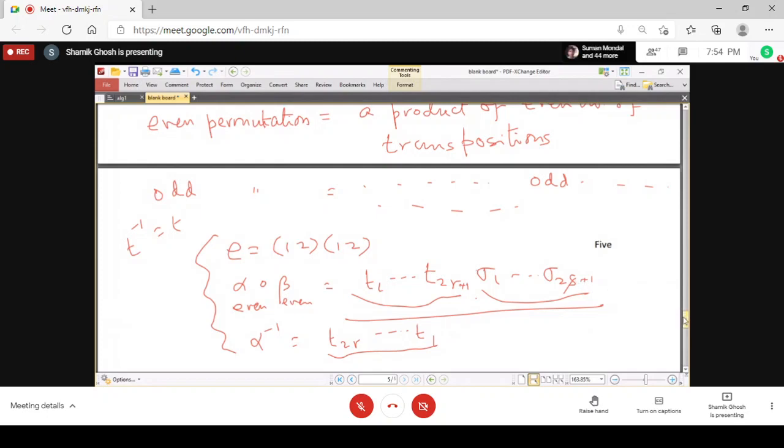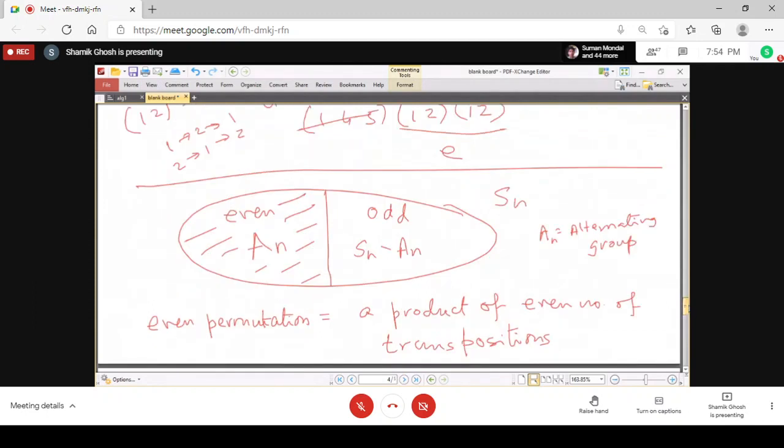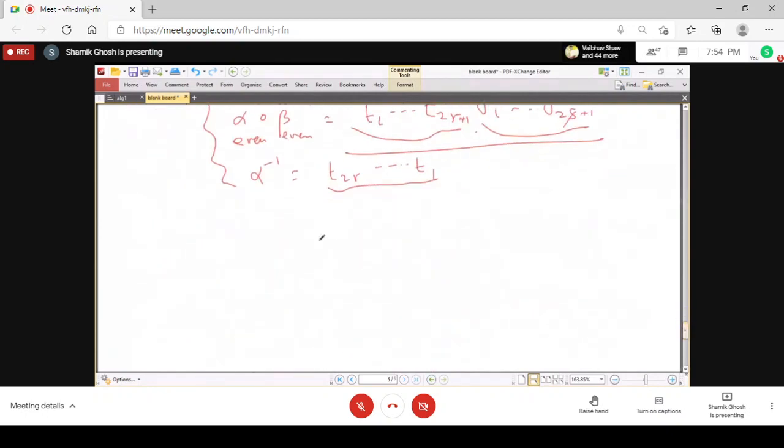So odd permutations cannot form a subgroup, but they have some equality with the even permutations, in the sense that we can prove the number of odd permutations and the number of even permutations is the same. That is, exactly half of Sn is even permutations and half of Sn is odd permutations.